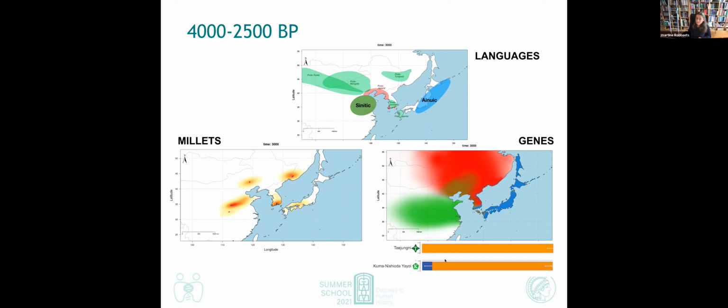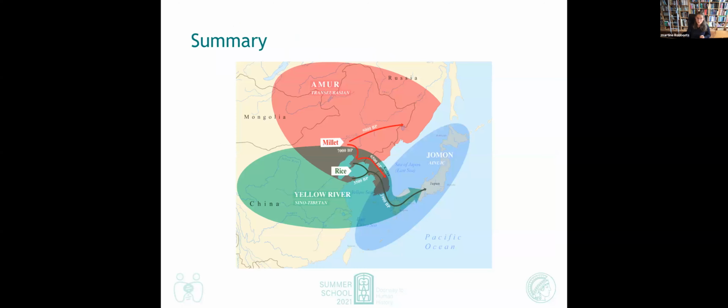And also in the genes, we find evidence for massive migration from Korea to Japan, and we also see that these Korean genes reflect a second influx of genes from the West Liao River area that can probably be associated with the introduction of rice agriculture.